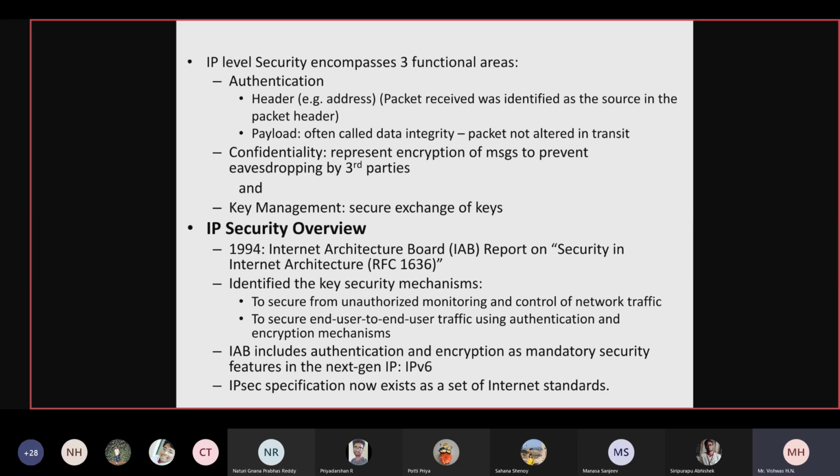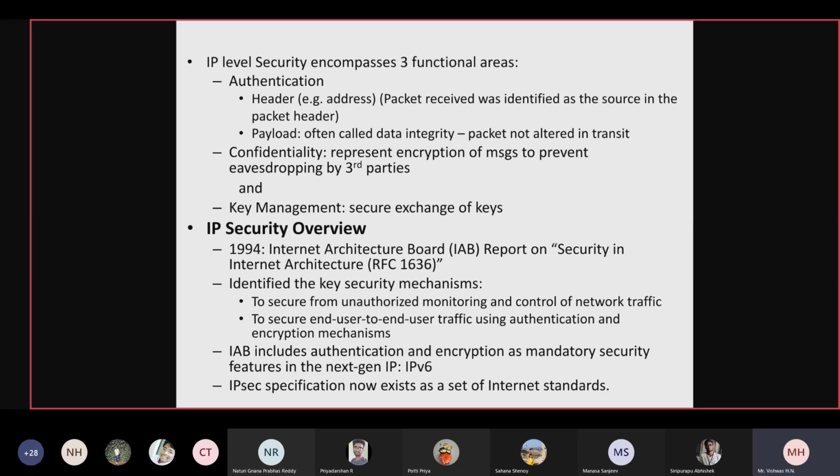Is that clear? So secure exchange of keys, because any protocol, if you consider exchanging, say for example Kerberos, that is not a protocol but a procedure for how packets are transmitted, right? Similarly, IPsec is also a procedure. If you take SSL, it's a combination of multiple protocols.